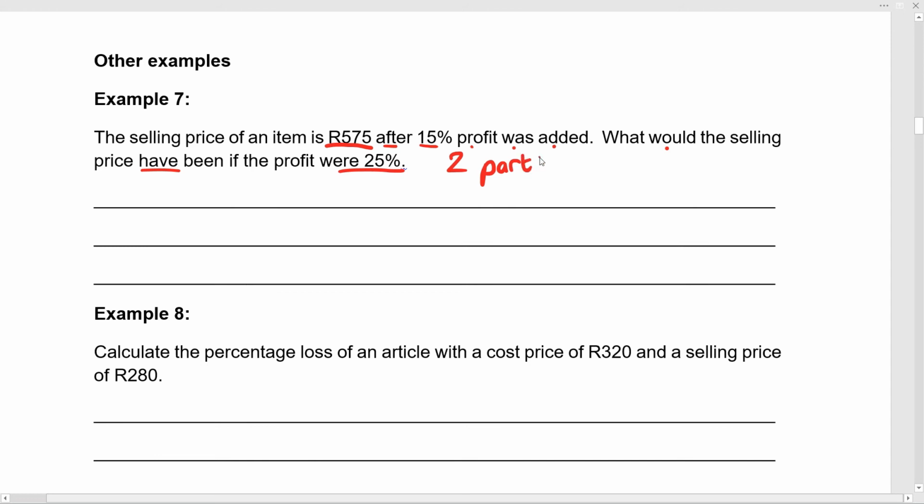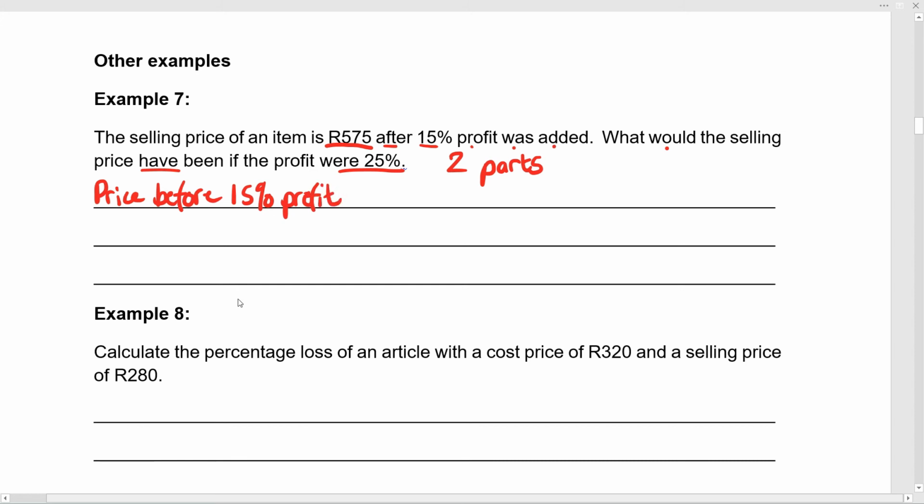Because first of all, we need to know what was the original price before you added the profit. And then we've got to go and add on a different profit. Okay, so the first thing I've got to do is I first need to know what was the price before the 15% was added on.